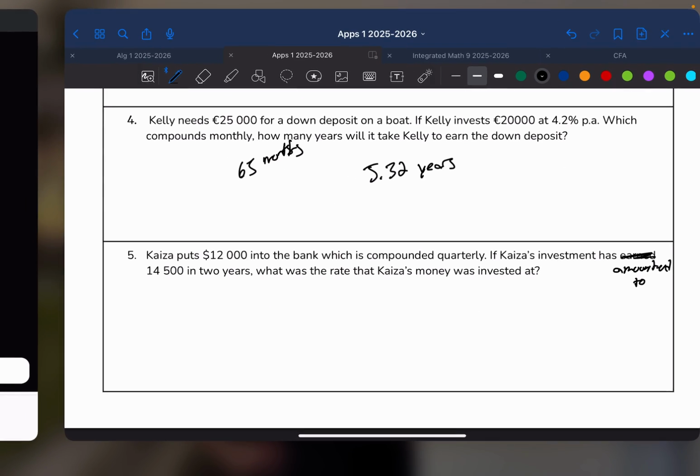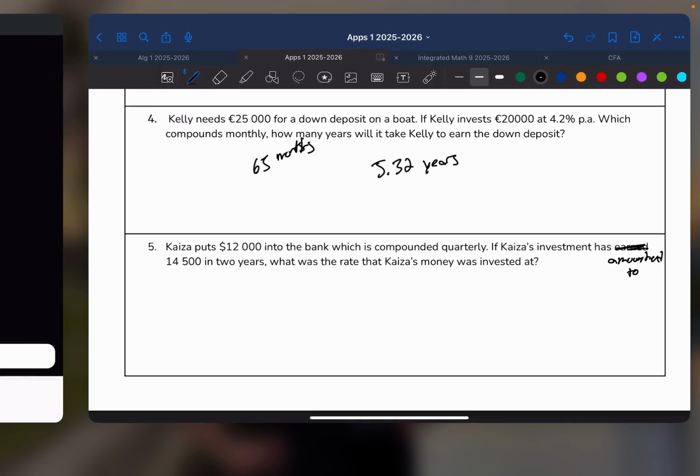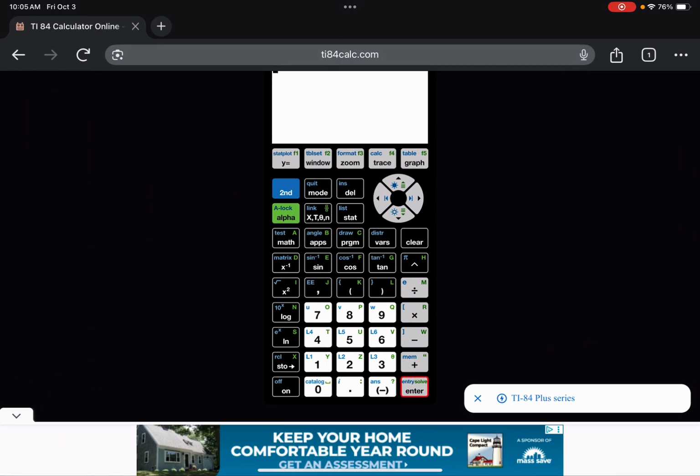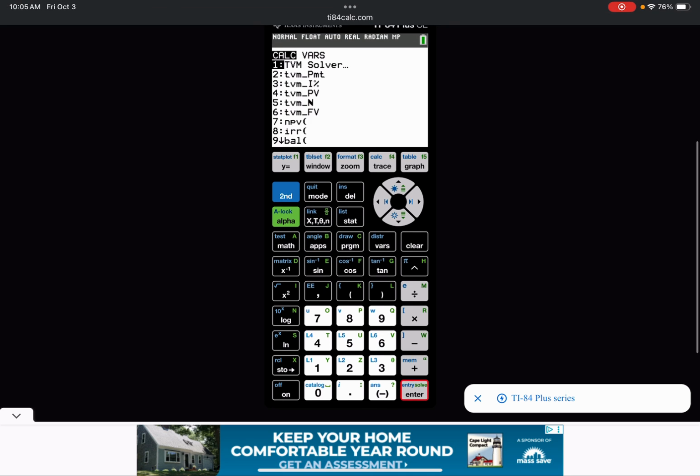All right. So now we're compounding quarterly, so we change that to 4. The future value, where we're seeing how it gets to 14,500.